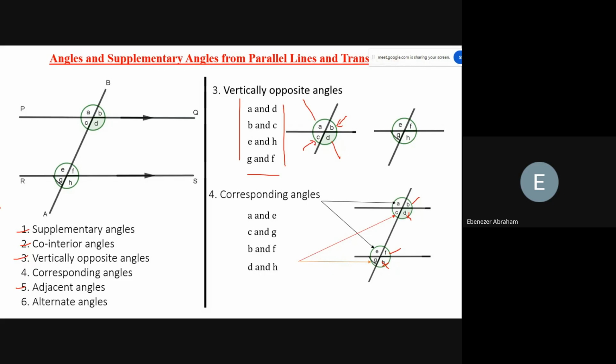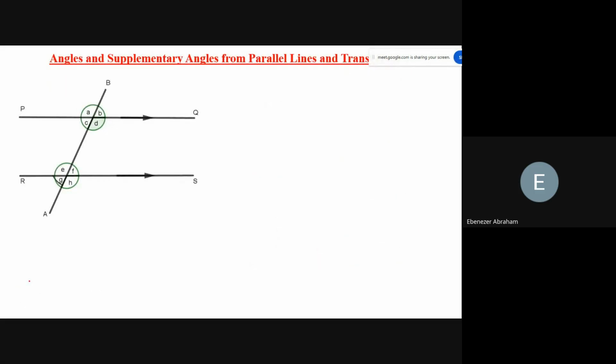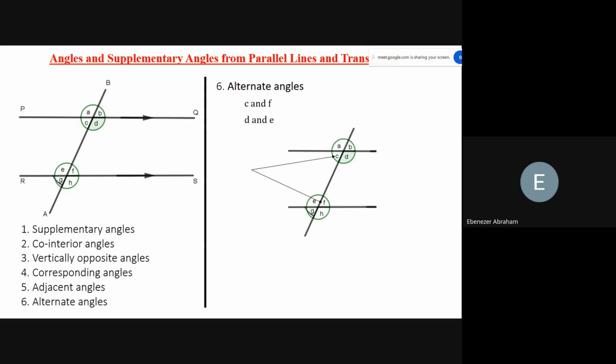The next that we have to look at is the alternate angles. Normally, this one we try to identify them using the Z shape. So you look at the Z shape, and then you'll be able to identify all of them.